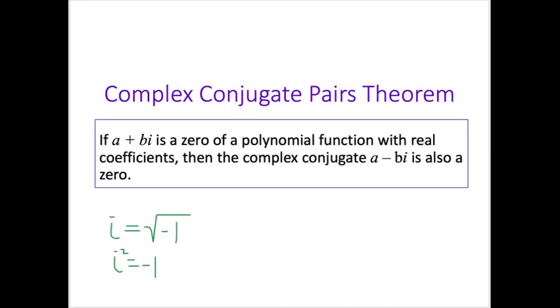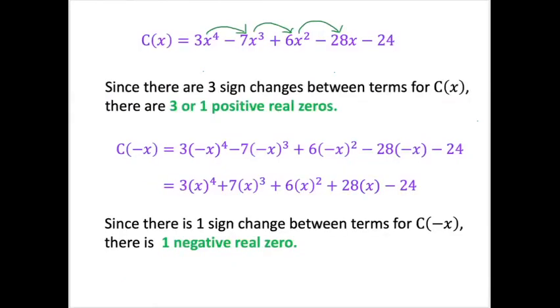If it's not a positive real zero, then it would have to be a complex zero, and those complex zeros only come in conjugate pairs. So that's why it doesn't say 3 or 2 or 1. It either has 3 or it has 1, because you're taking away 2 that are going to be a conjugate pair of complex zeros with imaginary components. All right, so we have 3 or 1 positive real zero.